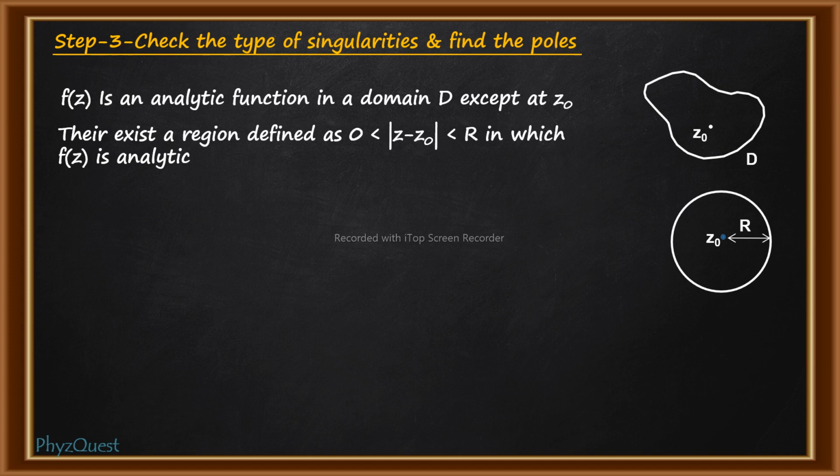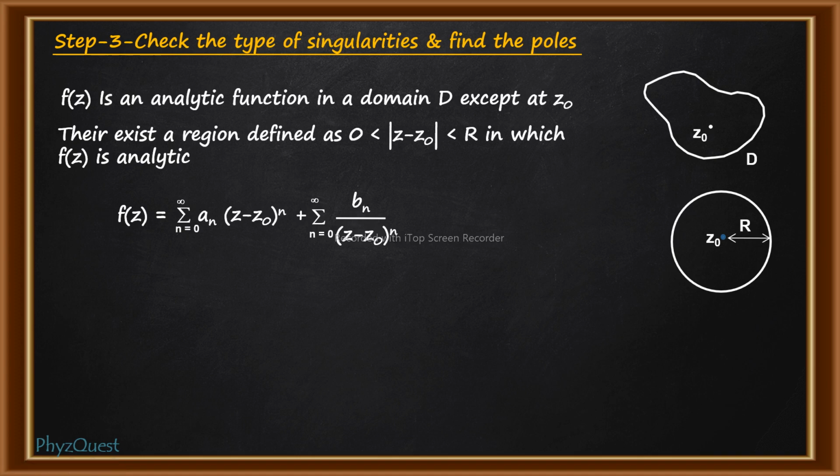In that scenario, such a function can be defined in terms of an expansion like this. f(z) is equal to summation over n equal to 0 to infinity a_n (z minus z0) to the power n, plus summation over n equal to 1 to infinity b_n divided by (z minus z0) to the power n.